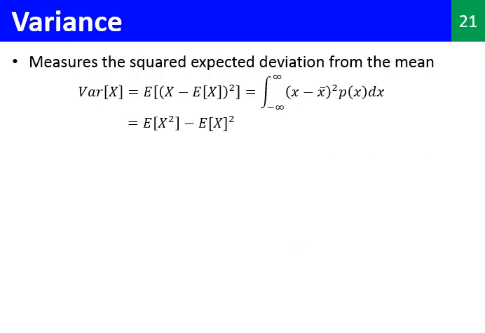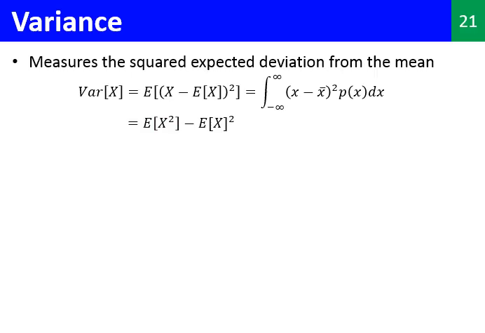Variance is the expected deviation of the random variable about its mean value, and the equations are given as follows. Since the deviation can either be positive or negative, we take the squared value. Okay, and we can also show that this expression is equal to the expectation of x squared minus the squared value of the expectation of x.